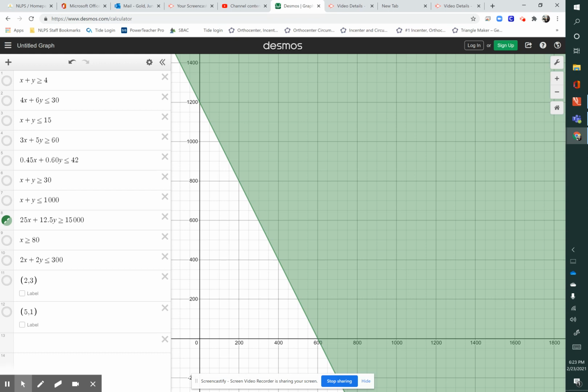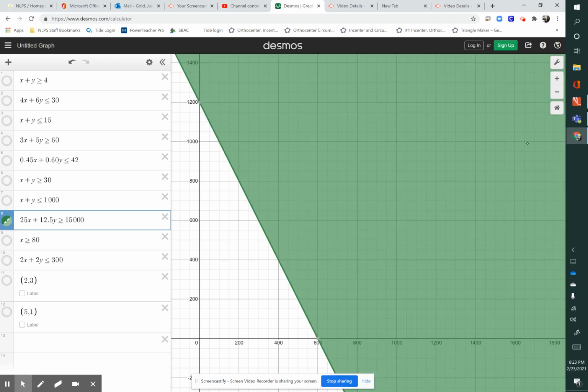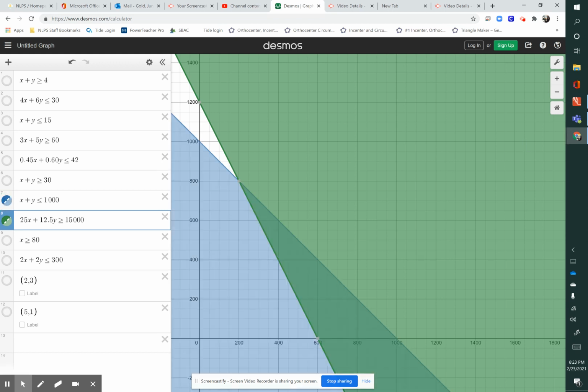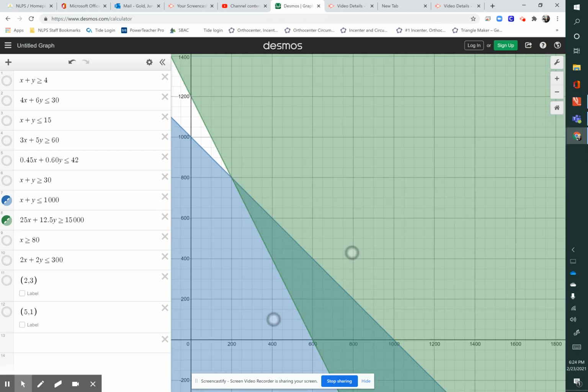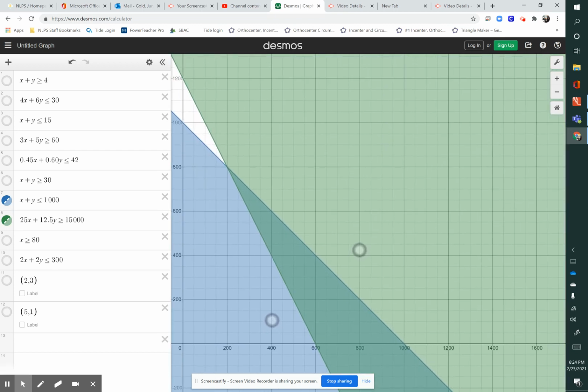You can even see on this line, you see this 1,200? That's not going to be part of the solution set because that's more people than there are seats in the theater. So let's put it all together and look at the solution set. You can see that 1,200 doesn't make it into the solution set because we can't sell more than 1,000 tickets total. So here's our sliver of a solution set right here.